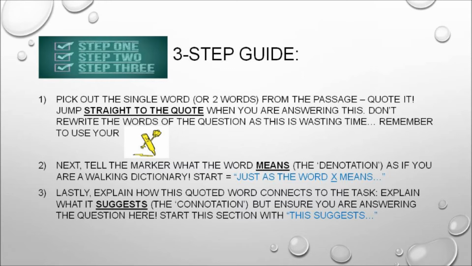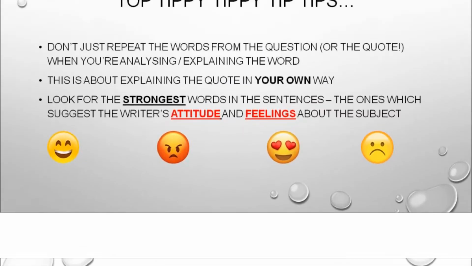So what does it suggest? And that's what we call the connotations of the word. What ideas do we get from that word? What does that suggest? And that's how you answer the third section. So just as the word, whatever it is, means this suggests, and then go on to tell me what that suggests. What does that word make us think of?